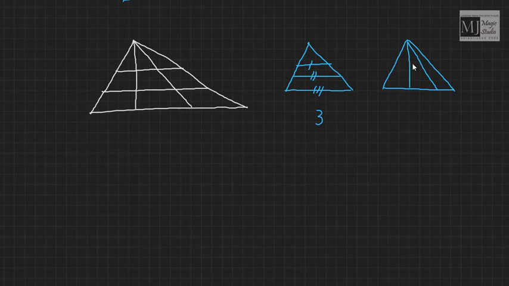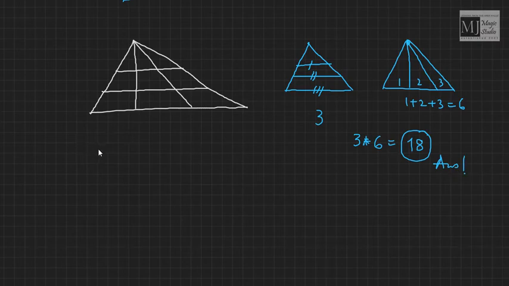And for the vertex and the verticals, we have to add up 1, 2, 3. 1 plus 2 plus 3 is 6. So final answer 3 into 6, 18. Wonderful.